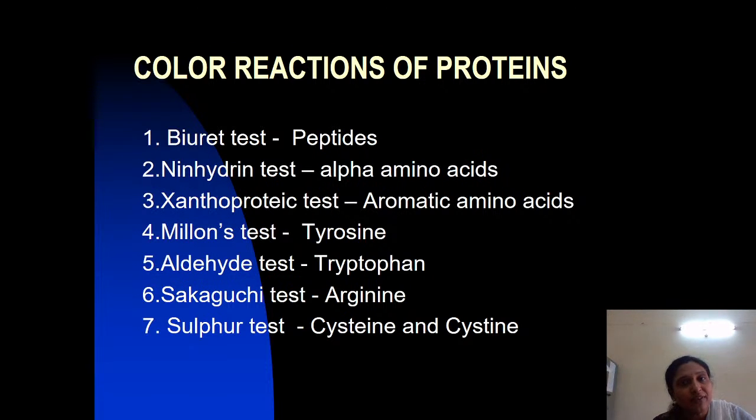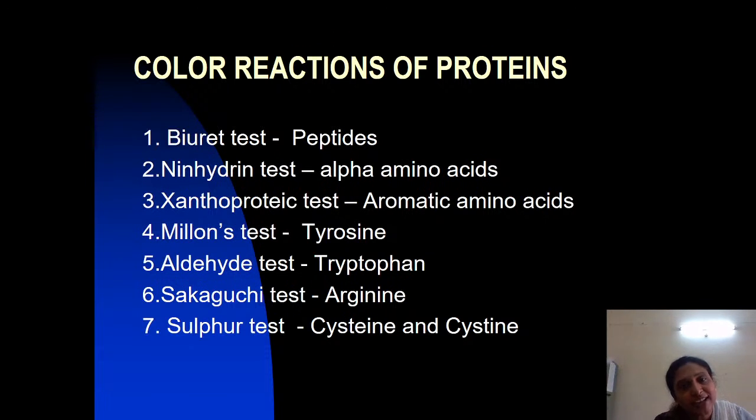Till now, in the previous slides, we discussed the precipitating agents and how the addition of those agents causes the formation of precipitation. Now we are discussing color reactions of the proteins. Proteins, when they react with different reagents, different chemicals, give different colors.